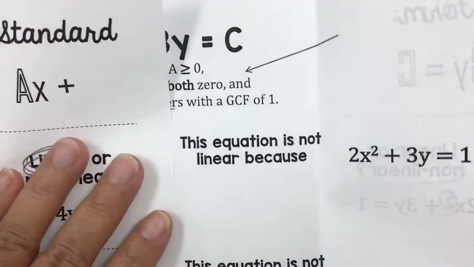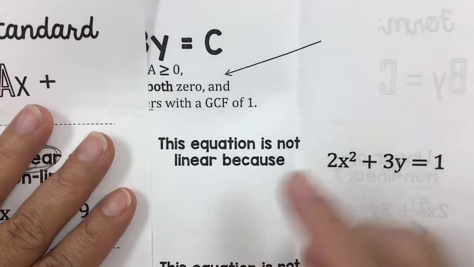Moving to this side, this equation was not linear because of the squared.